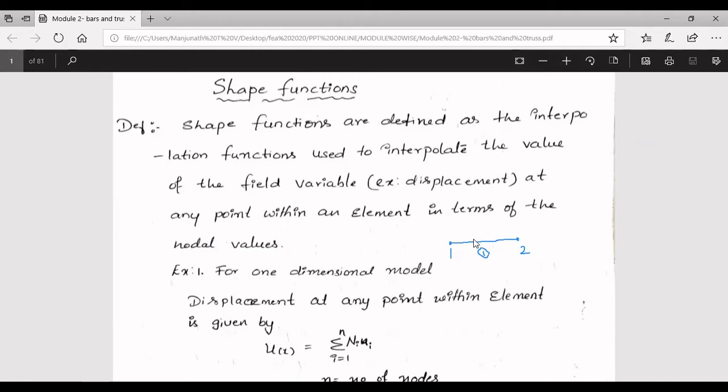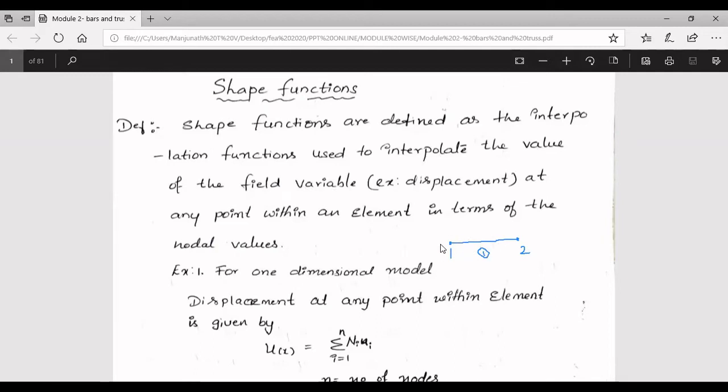That interpolation function may be a polynomial function. These shape functions interpolate the value of the field variable, that is displacement, at any point within an element. Within an element, it can represent the field variable in terms of nodal values. In the polynomial equation, whatever the displacement variable is, it is given at any point by using the equations.